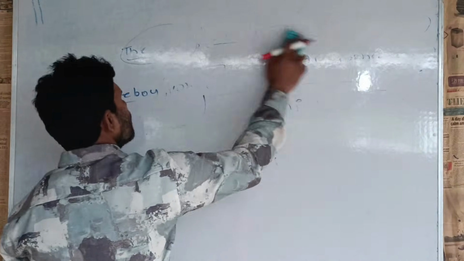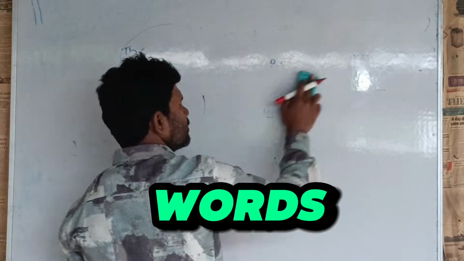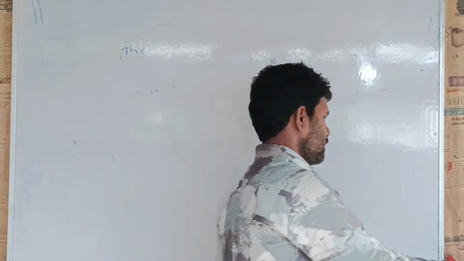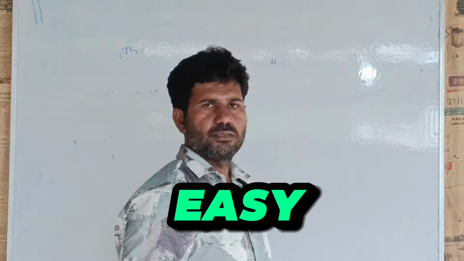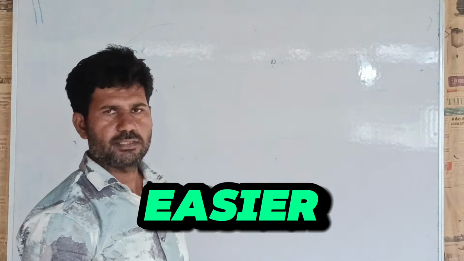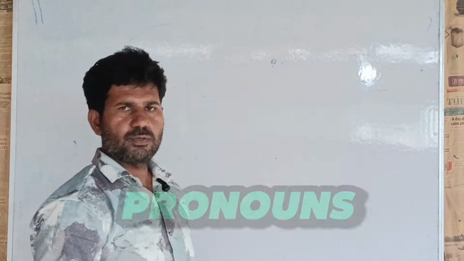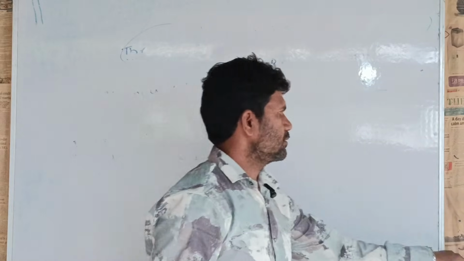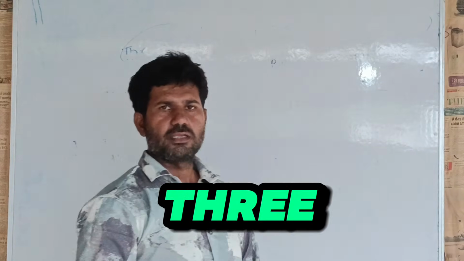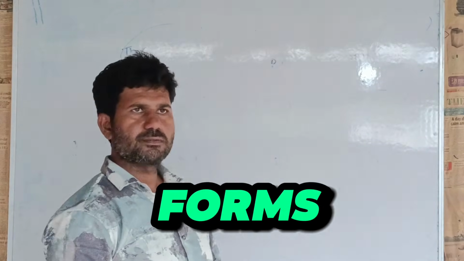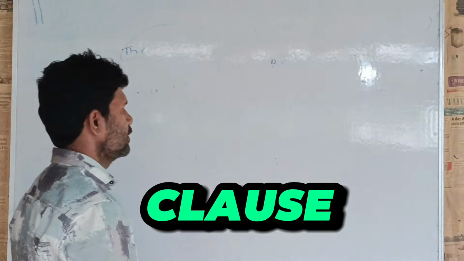Now there are 3 words remaining, which are relative adverbs. Relative adverbs are easier than relative pronouns. There are only 3 relative adverbs that form an adjective clause.